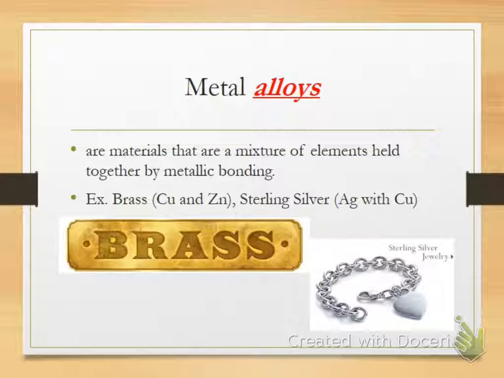So I would add that. Is this whole slide not on our notes? No, just right under that, I would just add it in somewhere. Just say metal alloys are mixtures of elements held together by metallic bonding.